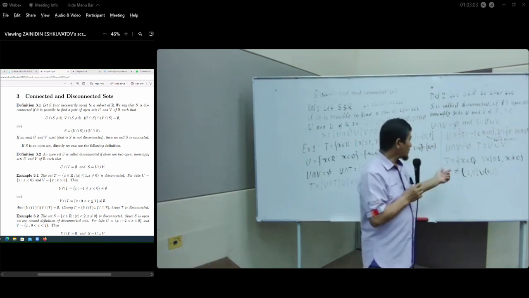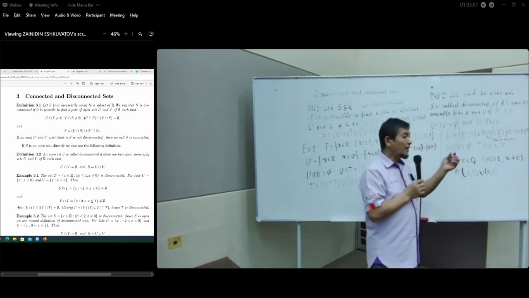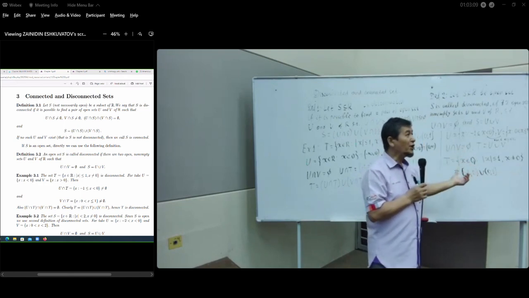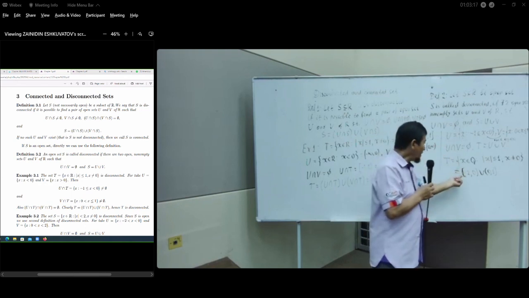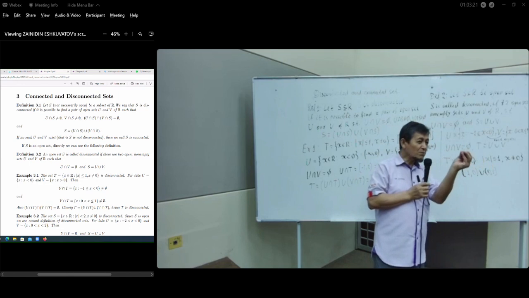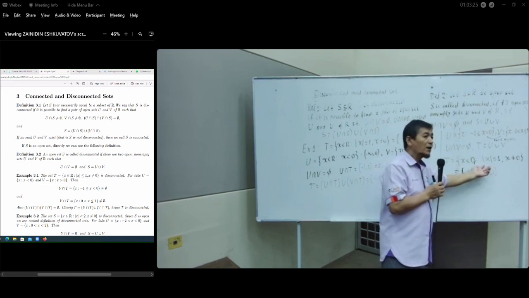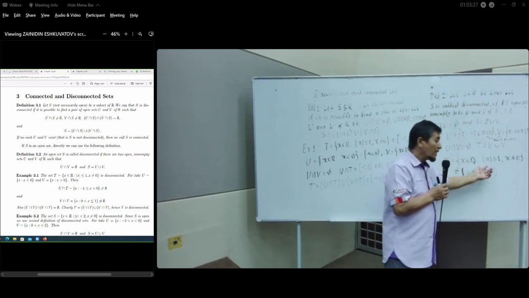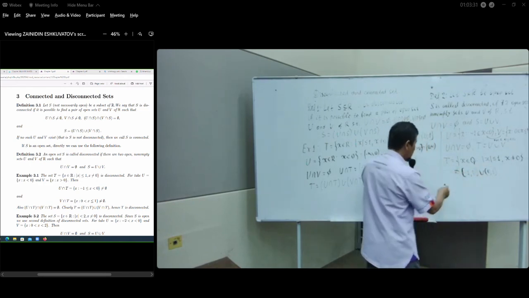So that's why for this case we can find infinitely many open sets containing the rational numbers and irrational numbers. I mean, we can construct small open intervals.